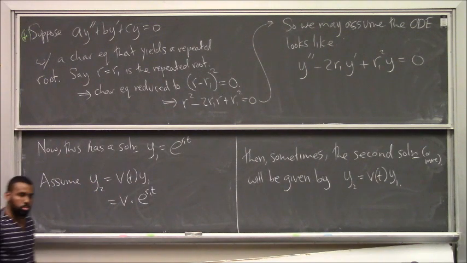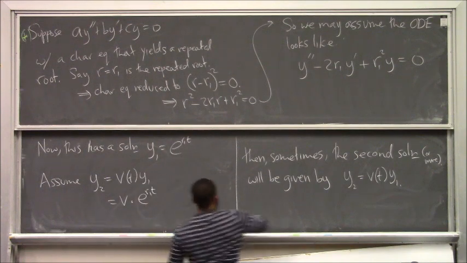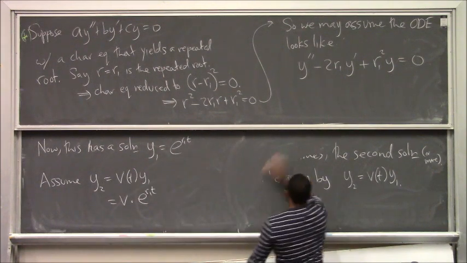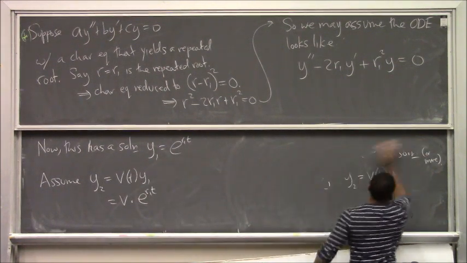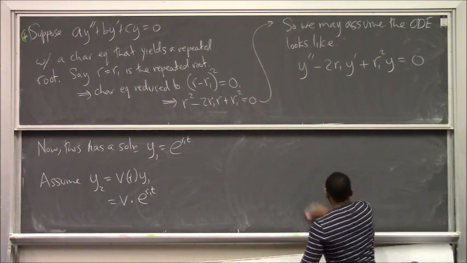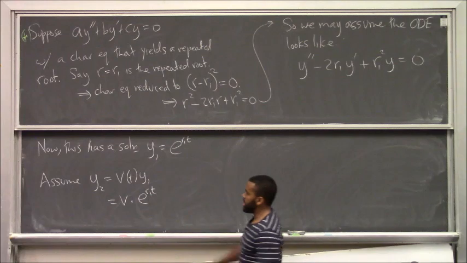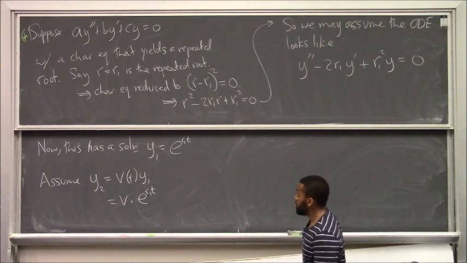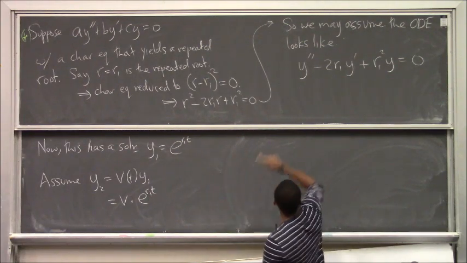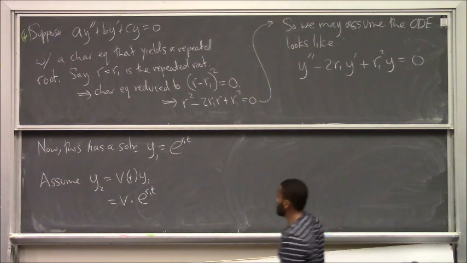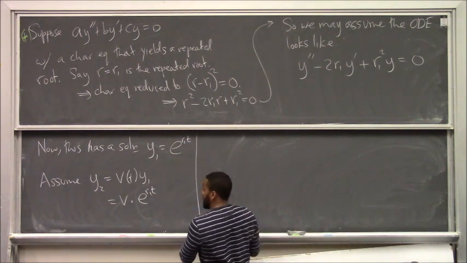Now, under that assumption, what must happen? Well, if I assume that this guy solves the differential equation, it means that if I plug this in to that, it should work out. So let's figure out how to plug that in.